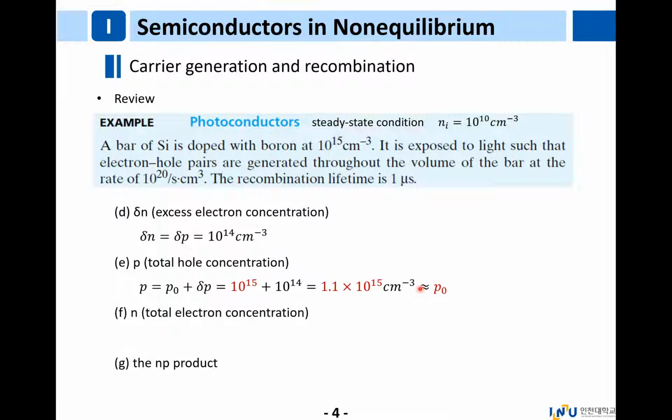The concentration of minority carriers, electrons in this case, also can be obtained by adding the equilibrium concentration to the excess electron concentration.